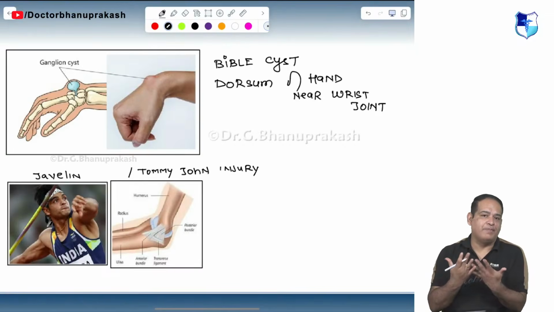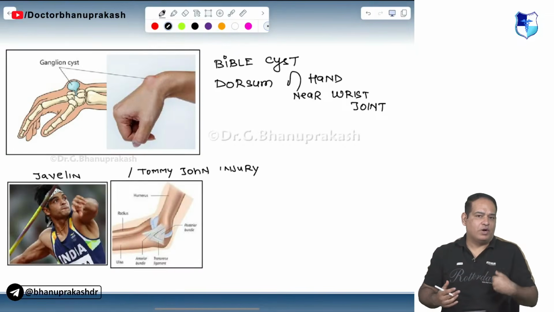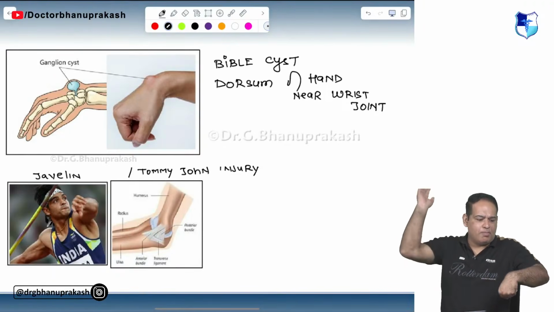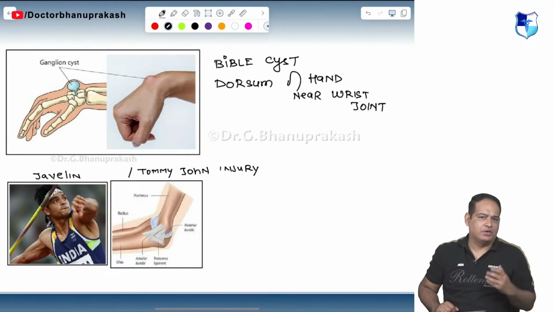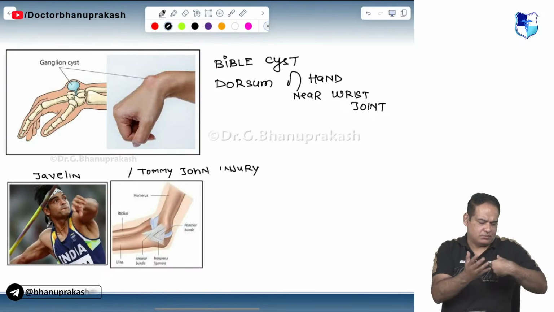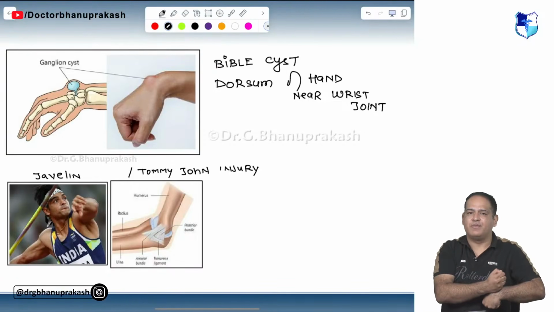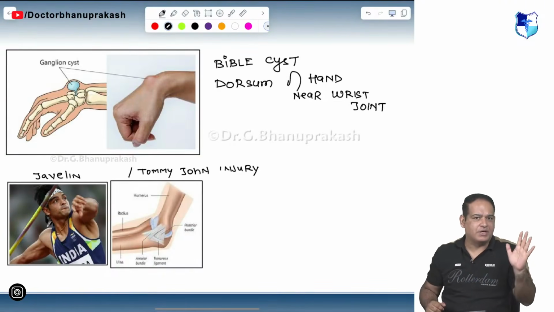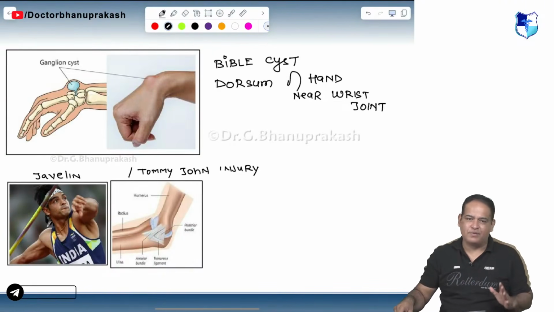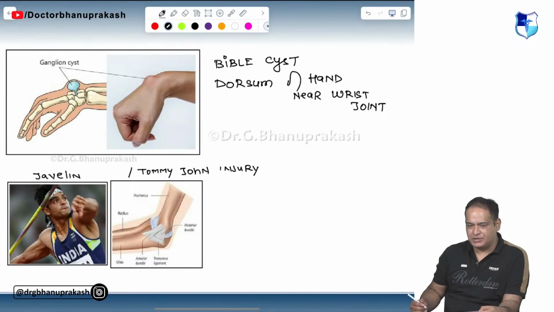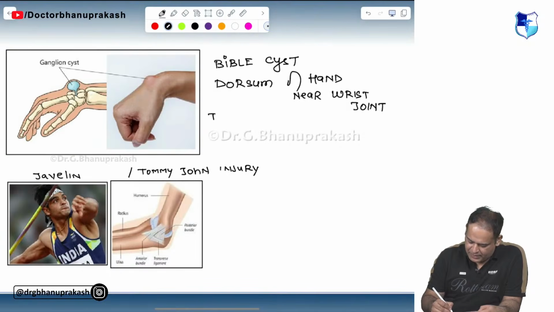Bible is a holy book. Now, what was the treatment which people used to do? They'd take a book and bang it on the ganglion. Take a book, not exactly Bible, any book, and bang it on the ganglion, the ganglion bursts, patient is cured, right? That is why it was called Bible cyst. What is the treatment? Treatment basically is excision.